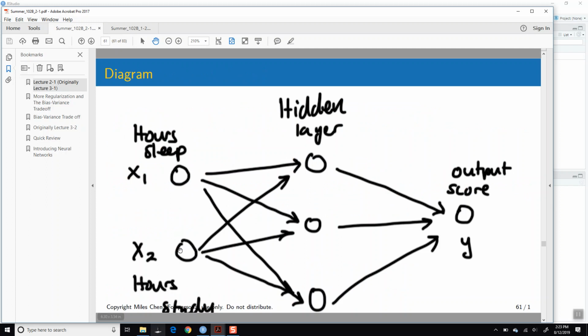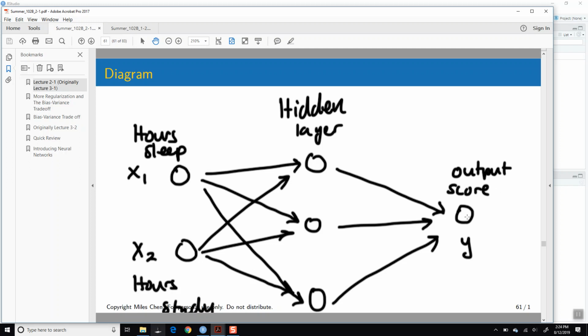Hours of sleep and studying, 2 nodes. In the hidden layer, we've got 3 nodes. And in the output layer, we've got 1 node. Every node is connected to all the nodes in the next layer. So x1 is connected to all 3 nodes in the hidden layer. x2 is connected to all 3 nodes in the hidden layer, and every node in the hidden layer is connected to all the nodes in the output layer, which is only 1.